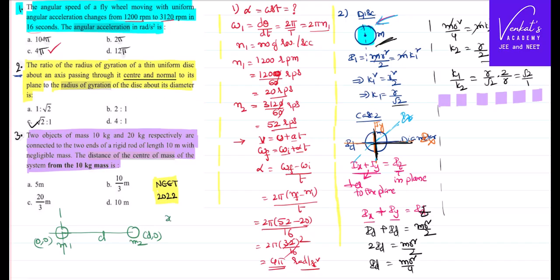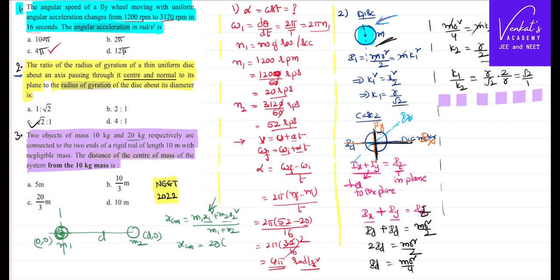Then I have a formula xcm equals m1 x1 plus m2 x2 by m1 plus m2. But taking this as a reference, x1 equals 0.